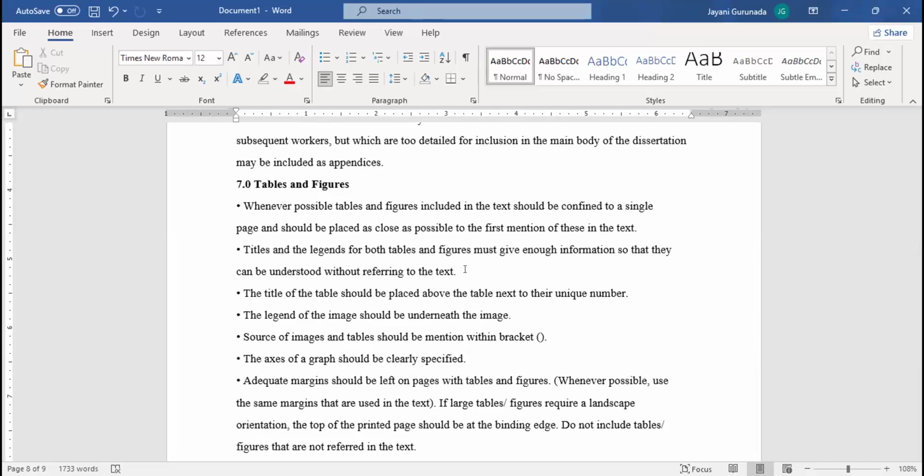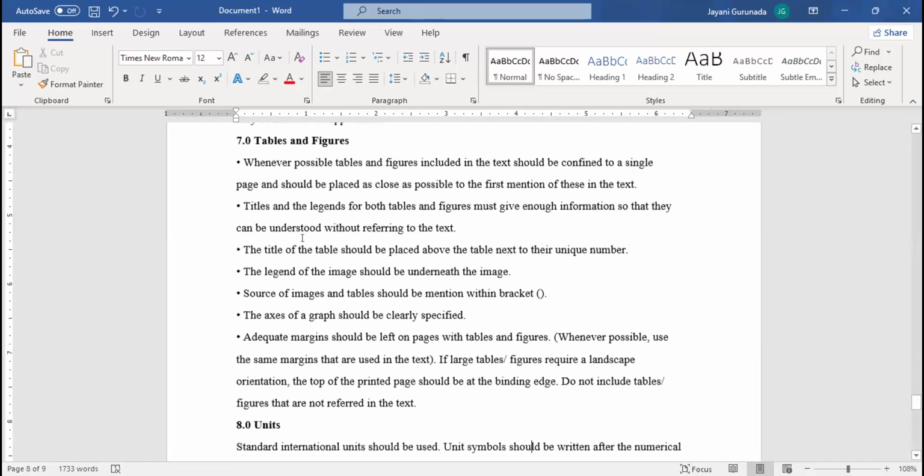Source of image, you have to name the image and the source. Where did you take it? Right? Table also the same. Table 3.1. Table එක මොකක්ද? යටින් source එක ගත්ත source එක. Right? ඊළඟට adequate margin should be left on pages with tables and figures. Right? Okay.